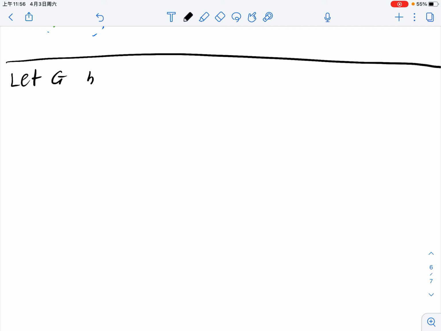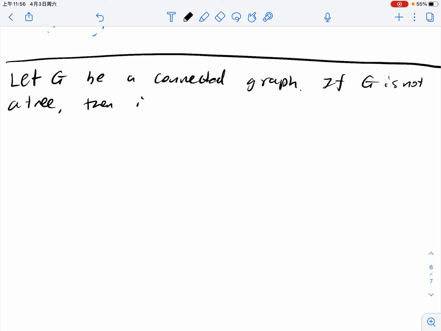So let G be a connected graph. If G is not a tree, then it has a non-bridge edge.